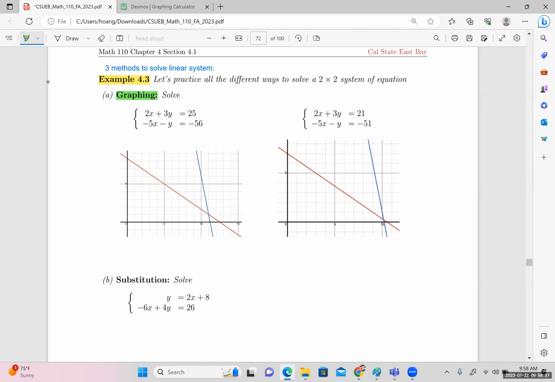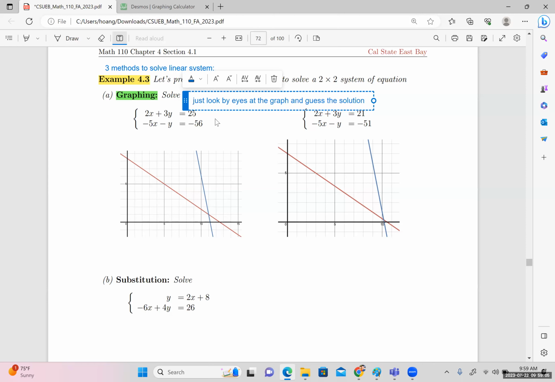With the graphing method, we just look by eye at the graph and guess the solution. Right, so graphing will not give you an accurate answer, and we may have to confirm that.